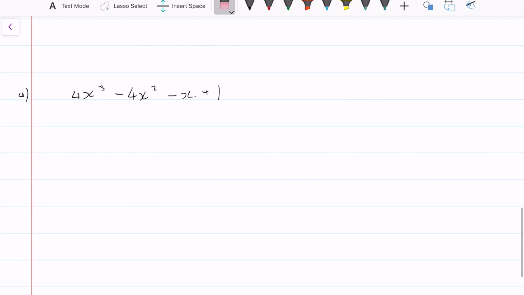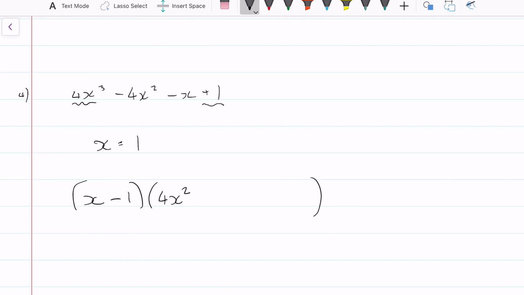Looking at this last question, we know that x equals 1 gives us 0, so we need a factor of x minus 1. To get this 4x squared, we need a 4x squared. To get this plus 1, we need a minus 1 here.